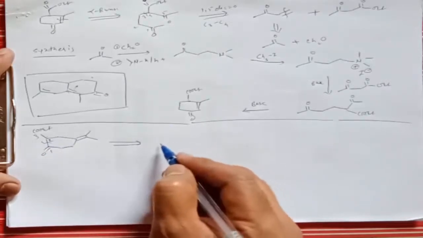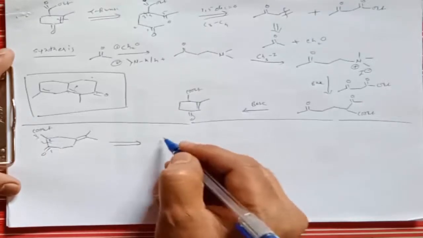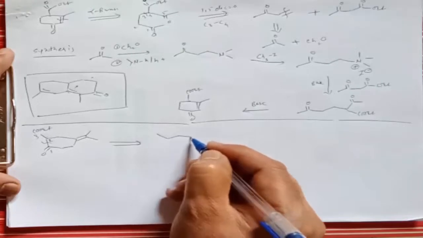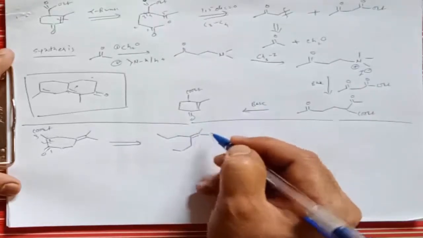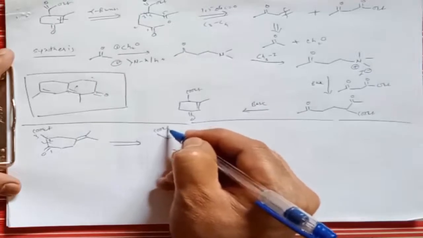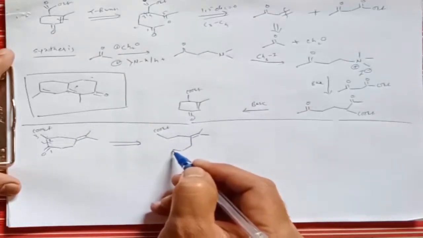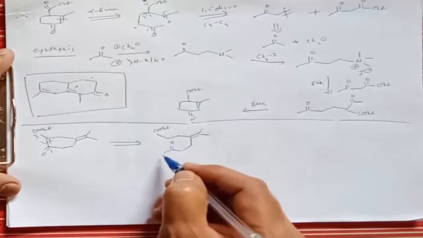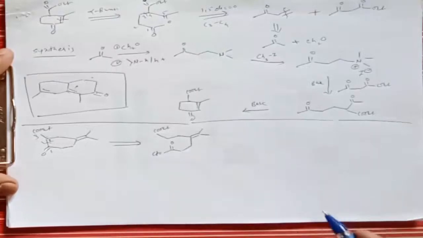So what does it give? From one side it gives a negative charge, and from the other side it gives a positive charge, right? So this double bond is as it is. Here is COOEt. So from this side you can take the negative charge, and from the other side you can take the positive charge. That means you can take here ester as a functional group.